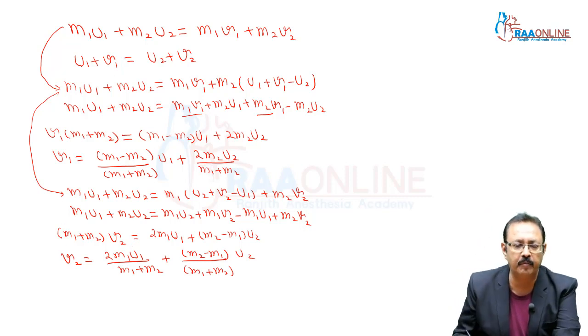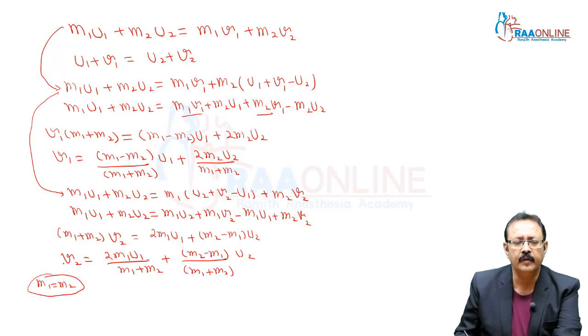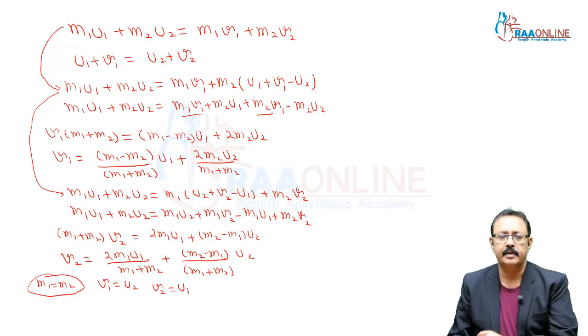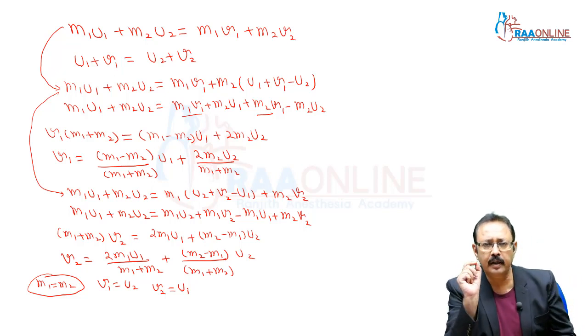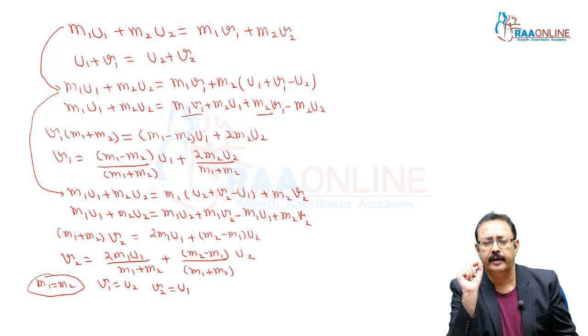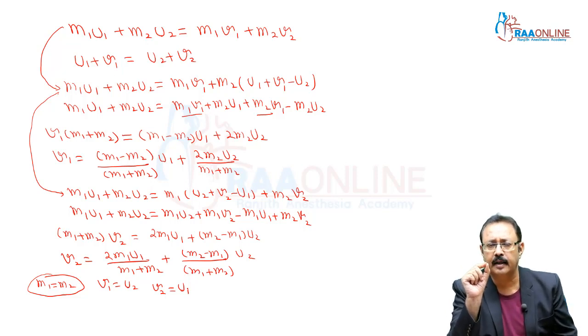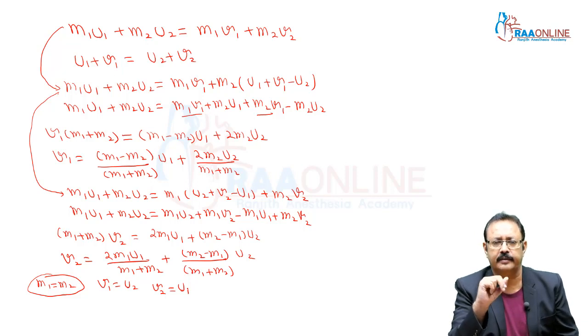If m1 and m2 are equal, for competitive exams, a very important fact: v1 will become 0 plus 2 m2 cancels out, v1 becomes u2 and v2 becomes u1. It means if an elastic collision is there and the masses of two objects are equal, there is only an exchange of velocity.